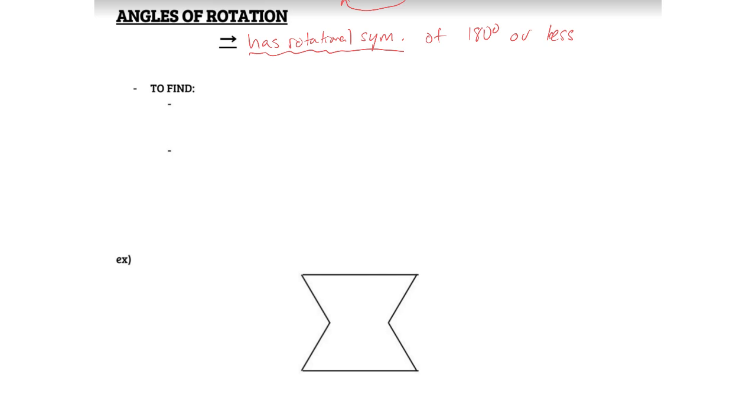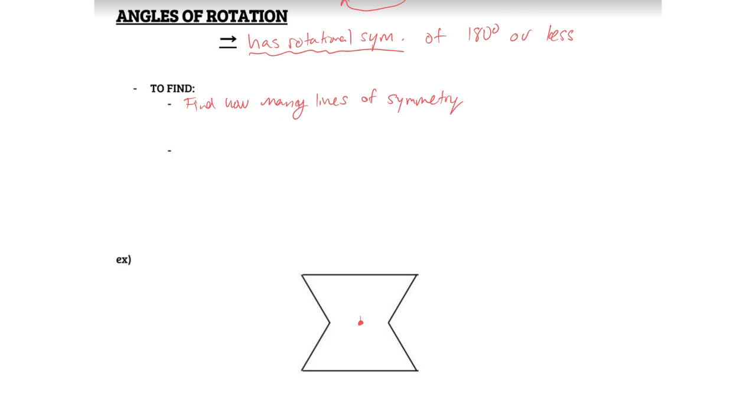Now to find this, what we're going to do is first find how many lines of symmetry. So we're going to draw all the lines of symmetry that we can find in this picture.